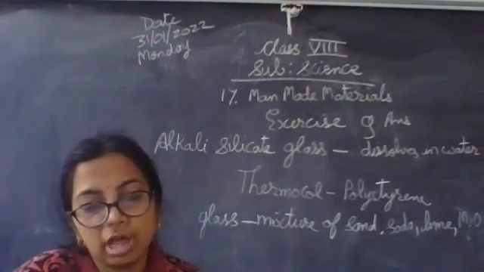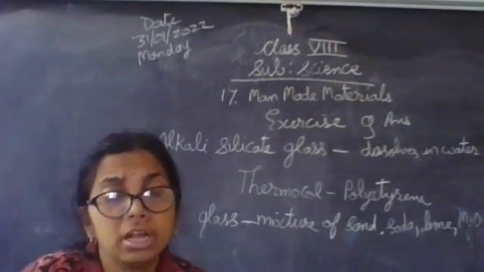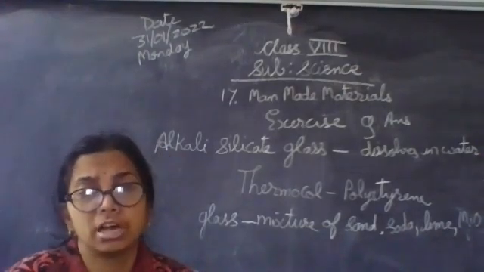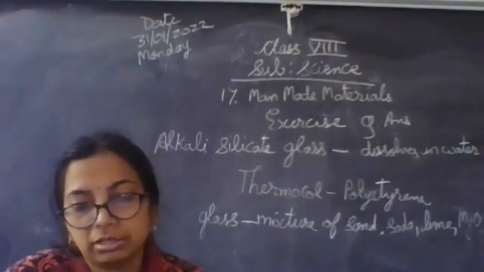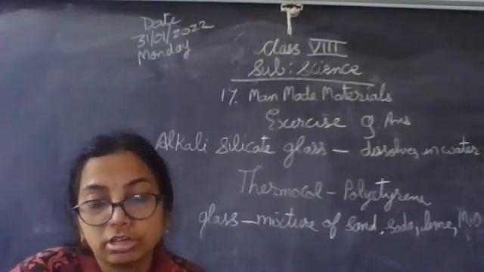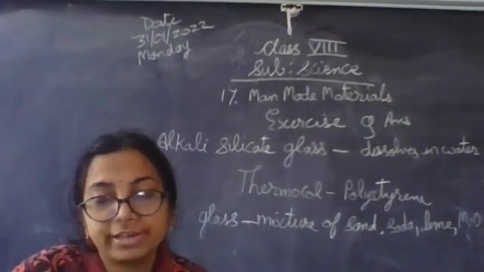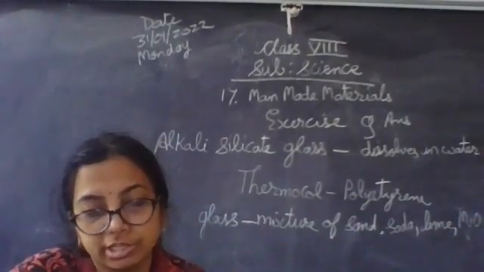Then the difference between thermoplastic and thermosetting plastic. We all know up till now that thermoplastic, though it is man-made, does not get fixed into one shape permanently like thermosetting plastic.